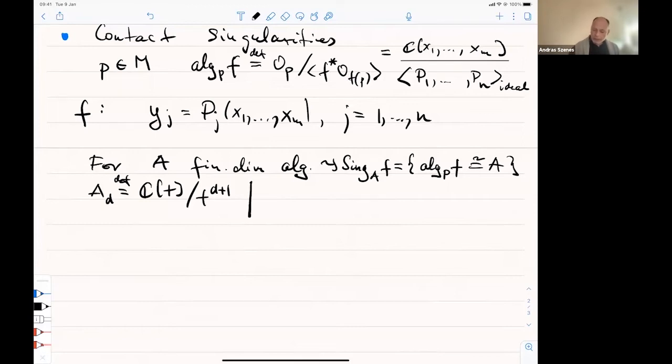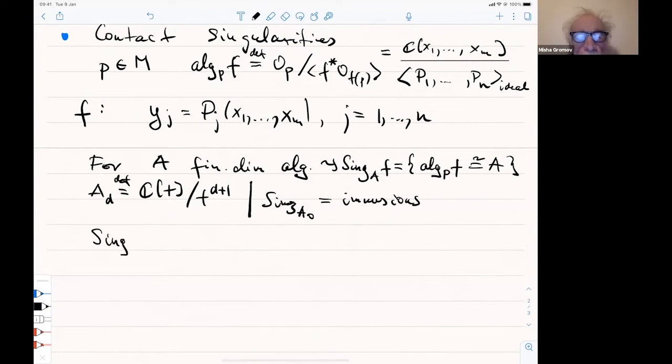So if I look at, say, Sing A0, these are just the immersions. And if I look at Sing A1, this is when the algebra is basically the algebra of dual numbers. So this is the simplest thing.